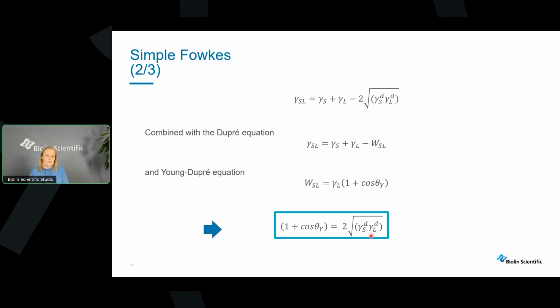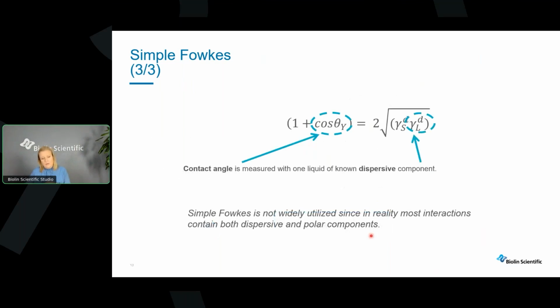So if we would use, for example, water to do the measurement, then we would take the dispersive part of water, which is known from the literature, measure the contact angle with water on that solid, and use that to do the calculation. So this would require only one contact angle measurement with one liquid with a known dispersive component on your solid.